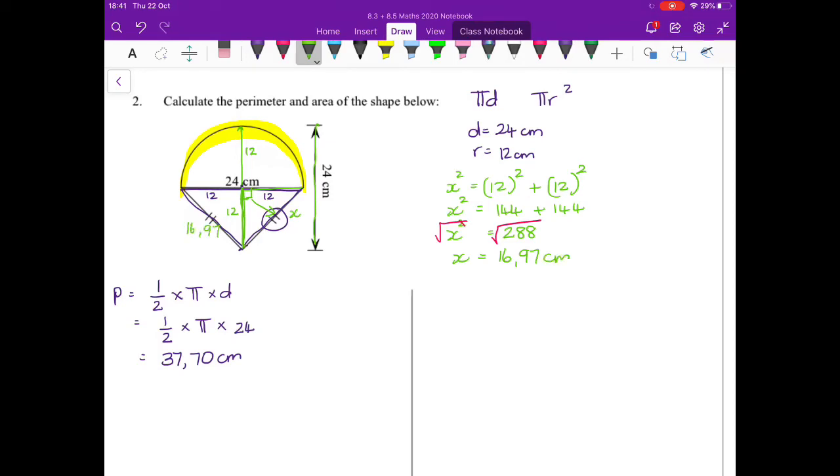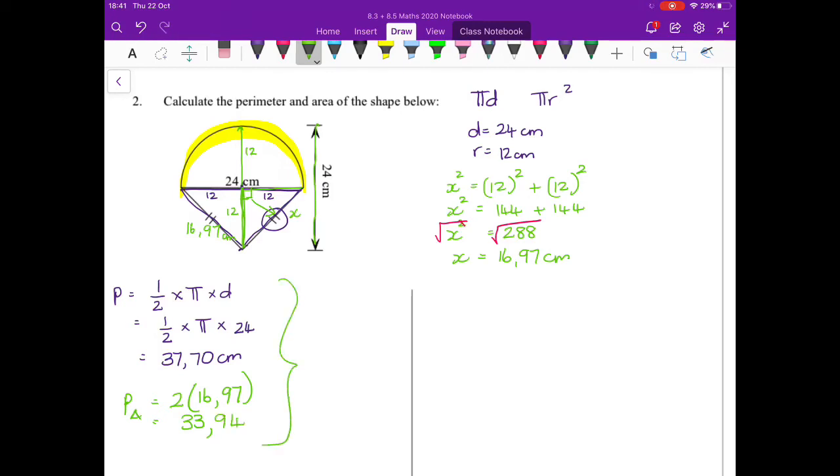So that will be 16.97 centimeters. They are both the same, so the perimeter of my triangle is going to be twice 16.97, and that will give me 33.94.